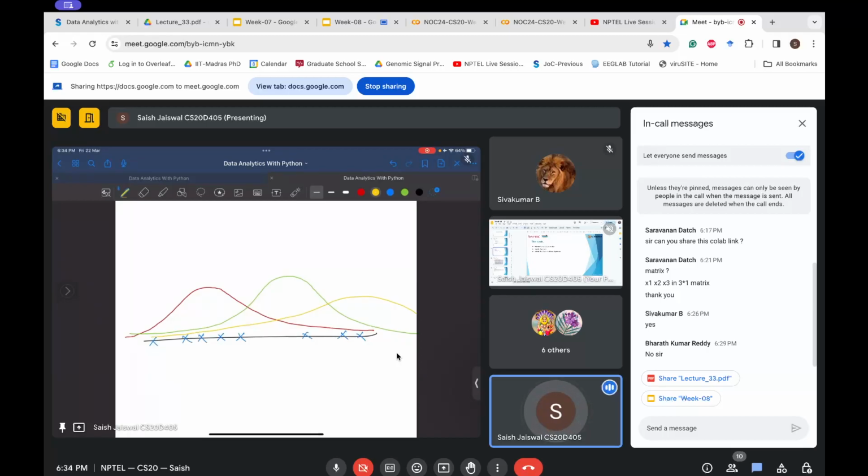I have these blue colored data points and I'm trying to fit these normal distributions. Each distribution has its mean and standard deviation, which are nothing but the parameters of the distribution. So which one do you think will be the best fit for the data points? Okay, someone says green. What about the others?